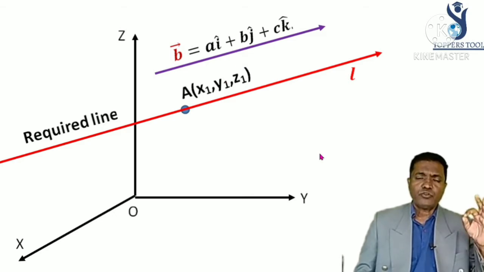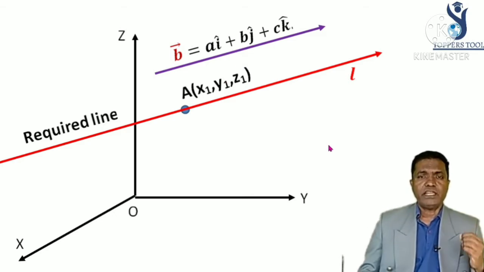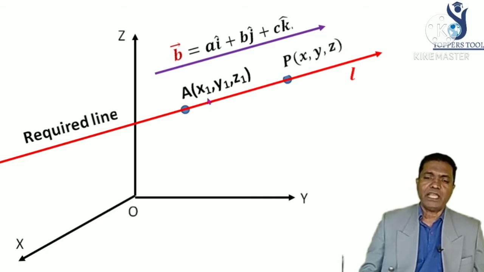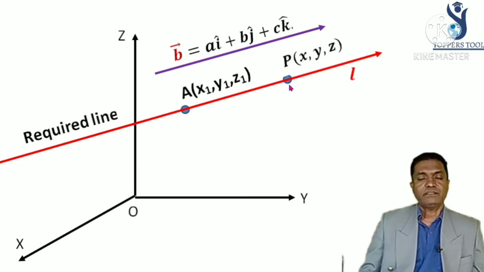Now, in order to derive the equation of any line, we need one general point. So take any general point on this line L. Let P(x, y, z) be any point on this line; you can take it anywhere on the line L. Now you have to find one condition which can be satisfied by this point, and that will be the required line.